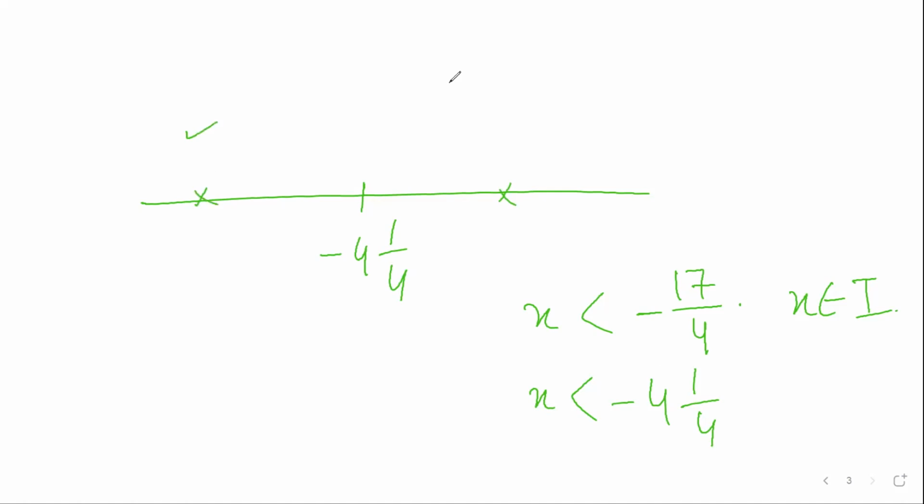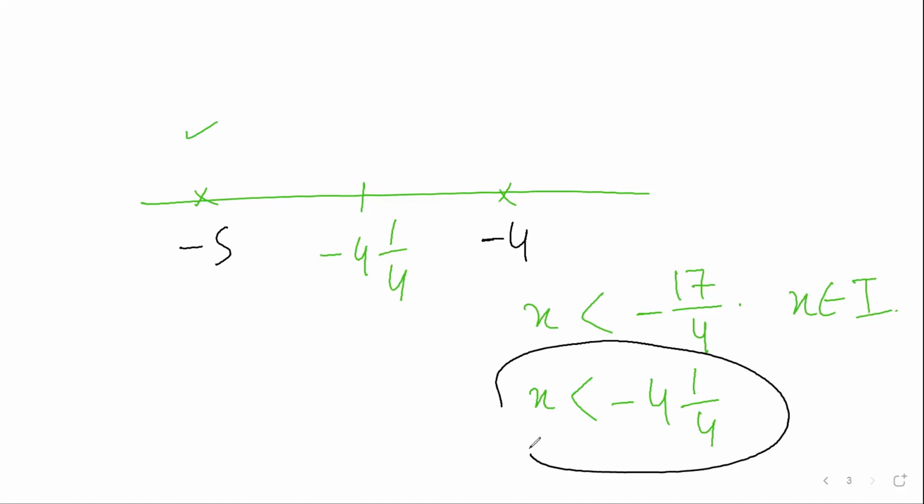Minus 5 on the left and the right side is minus 4. So what will be the first solution, where x belongs to integer? Minus 5, minus 6, minus 7. Any doubt? No.